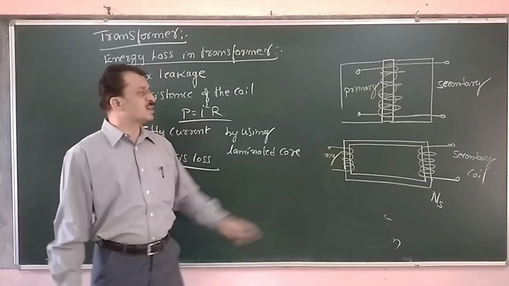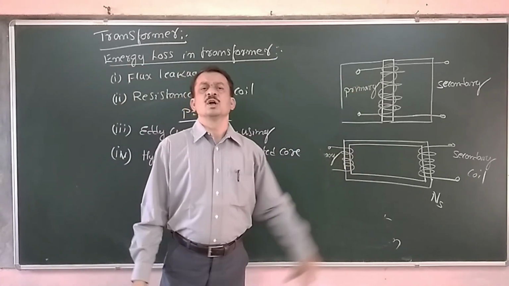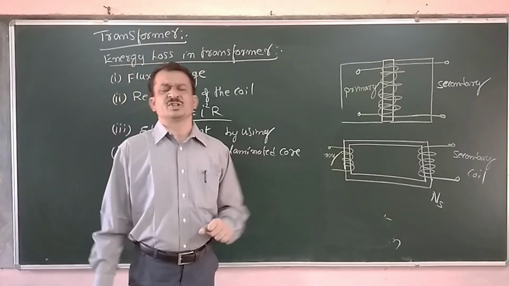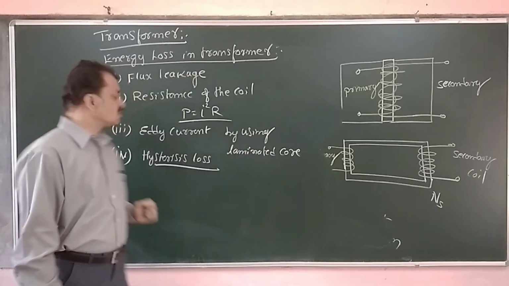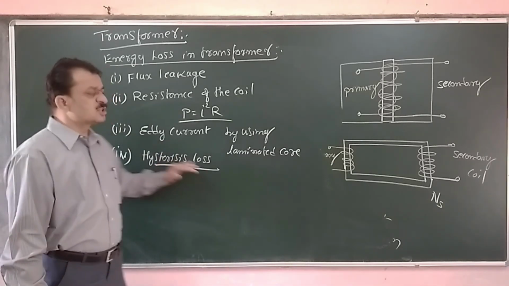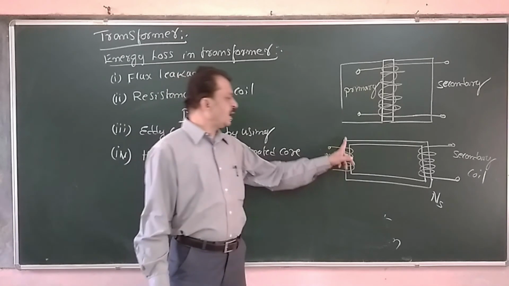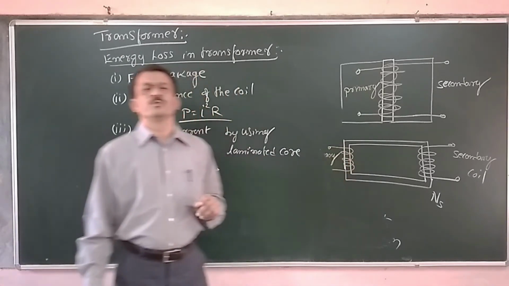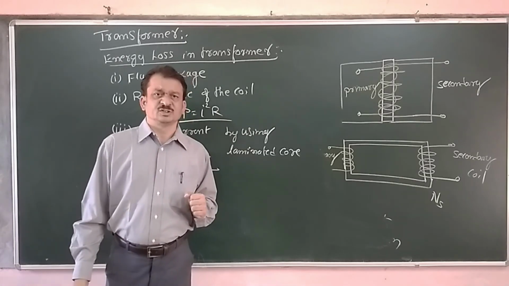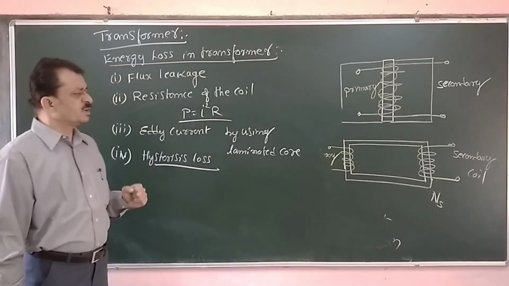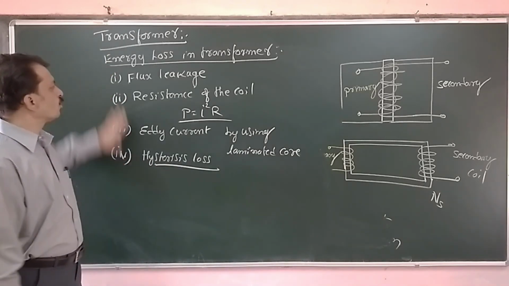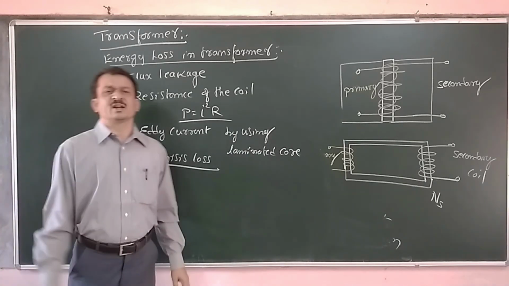Because of AC, that core undergoes continuous magnetization, demagnetization. Obviously, there is a loss of energy due to hysteresis. So this can also be minimized by using a material as a core which has a lesser hysteresis loss. So in this way we can minimize hysteresis loss. Now these are the four ways of energy loss in a transformer.